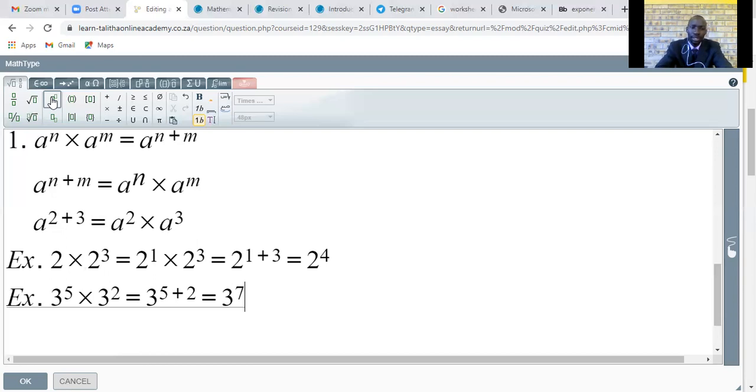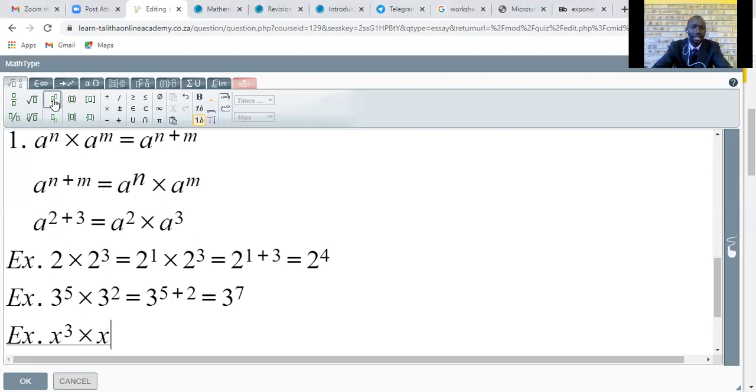Now, this looks a little bit easy, but let's first do one more example. In this example, we have x being raised to the power of 3, and this is multiplied by x raised to the power of 8.